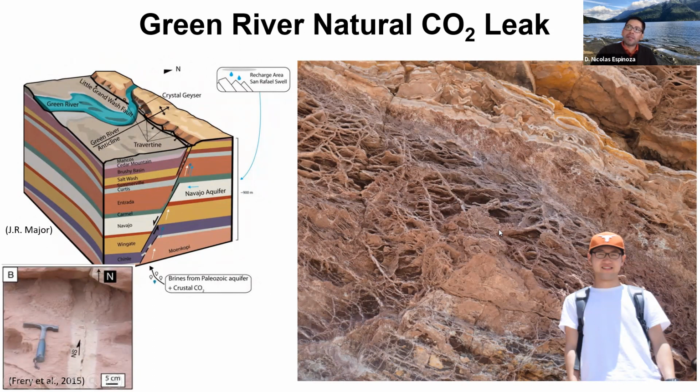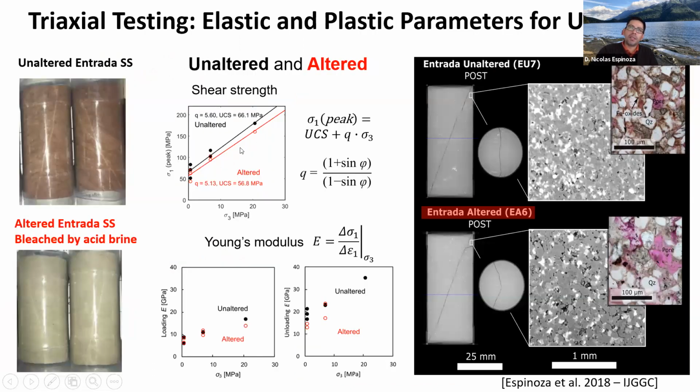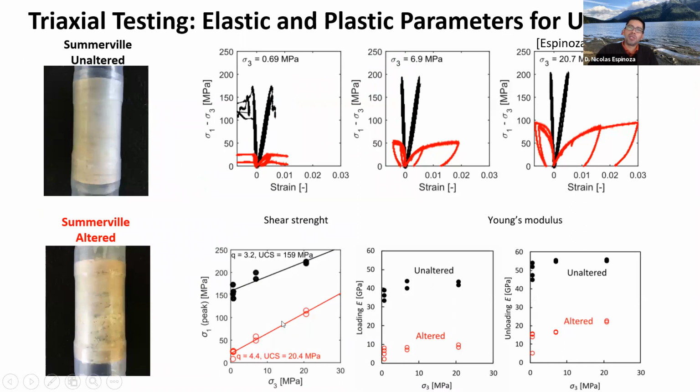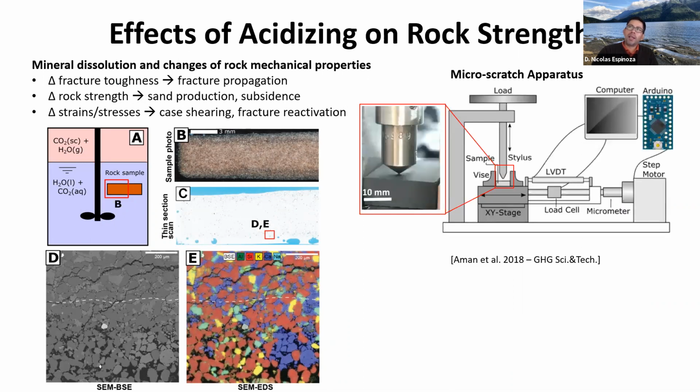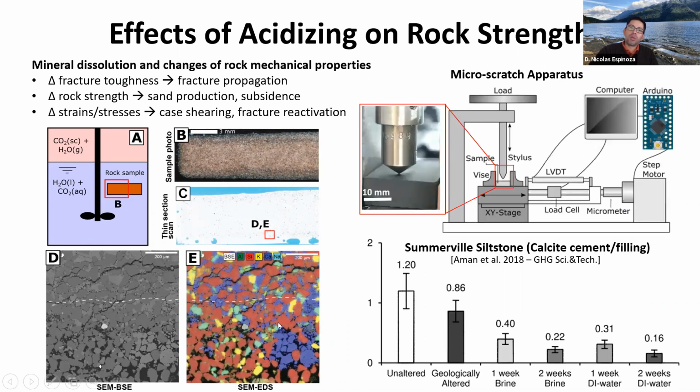Sometimes it changes very little, as in this case, and sometimes it changes a lot. Sometimes the strength even increases. That's an example for the shale, which I don't have here. But that's something that we can study, and that we should study. In the laboratory, we can tell what are the rocks that are going to be most reactive to CO2, and that's something that we certainly have to keep in mind.